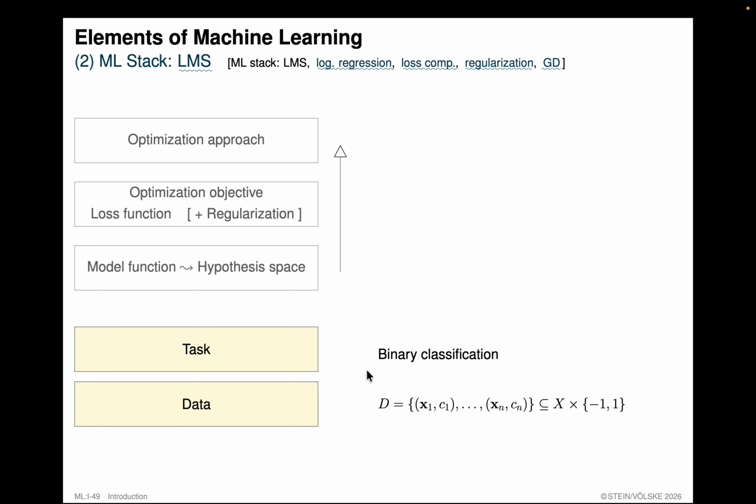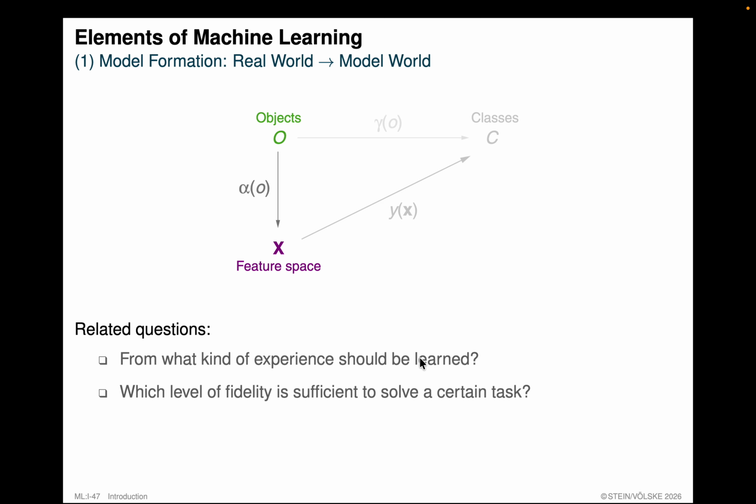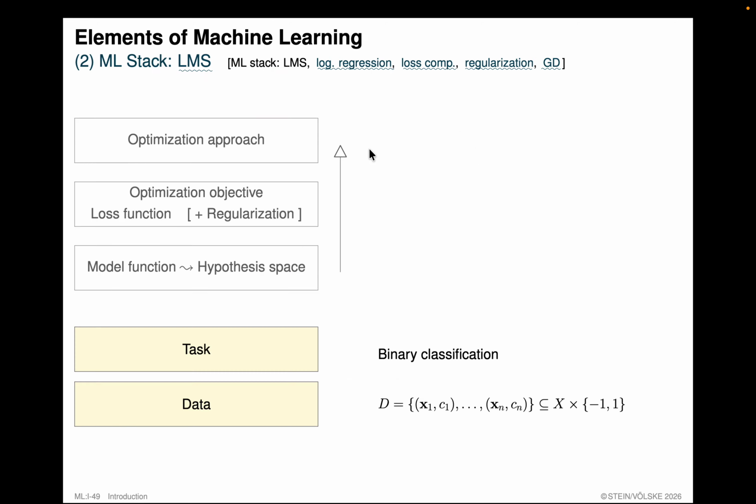We have data collected, and this data represents this real-world function here, this expert classification of emails. This is our email, this is our class for the email. And we have lots of emails and lots of class attributions. For example, in a binary classification, we have only two classes, spam or not spam. Spam, not spam, encoded as numbers in this case.